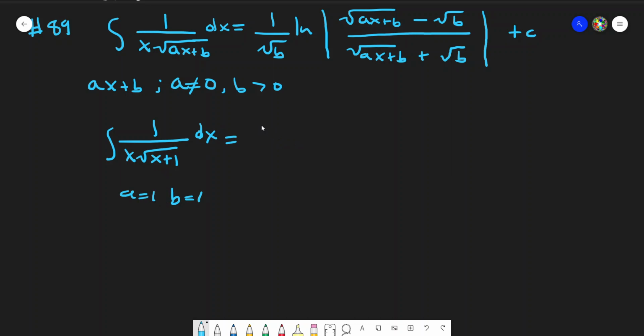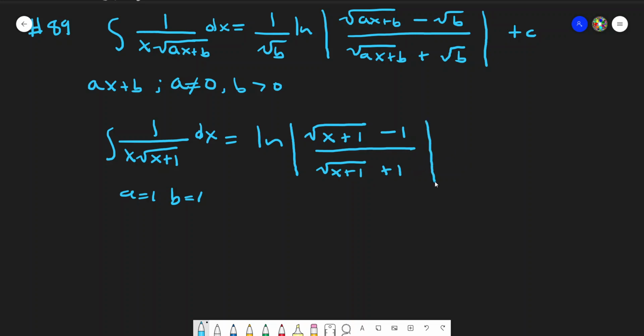So here we have the natural log of the absolute value of the square root of x plus 1 minus 1, divided by the square root of x plus 1 plus 1, and then plus c, right?